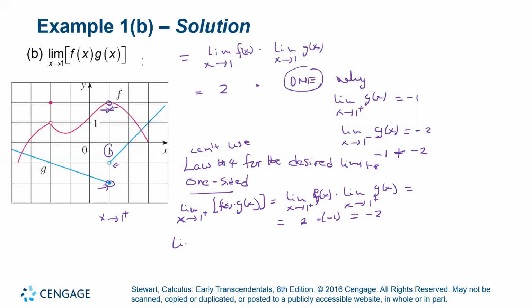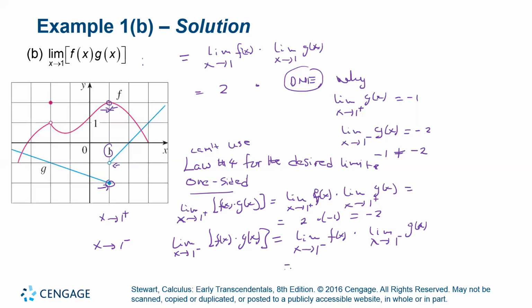Then let us also consider x approaching 1 from the left for the same problem. The limit x approaching 1 from the left of f of x times g of x is equal to the limit x approaches 1 from the left of f of x times the limit x approaches 1 from the left of the other function, g of x.